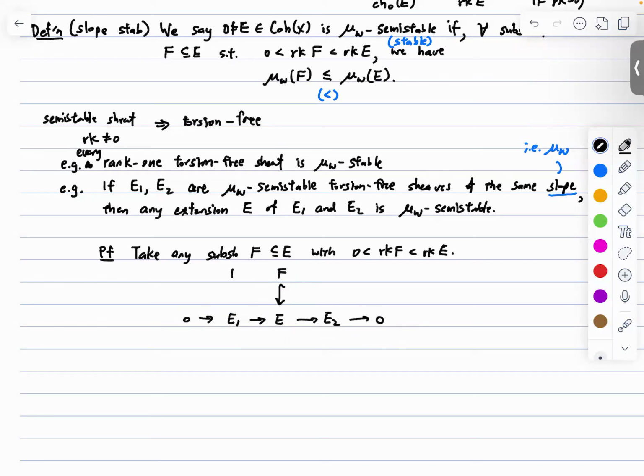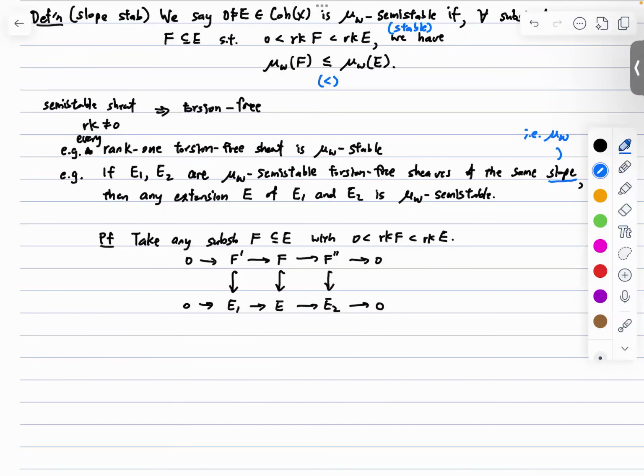Let F prime be the induced subsheaf, which injects into E1, and let F double prime be the induced quotient of F, which injects into E2. So the upper row in this diagram is induced from the lower row.